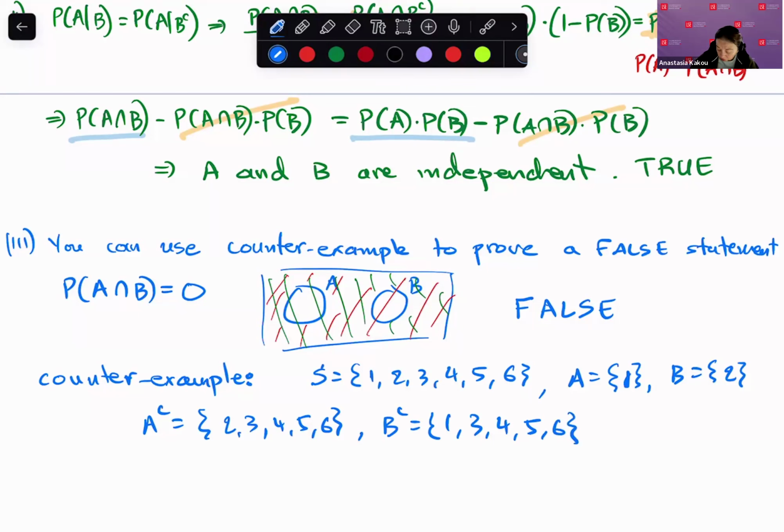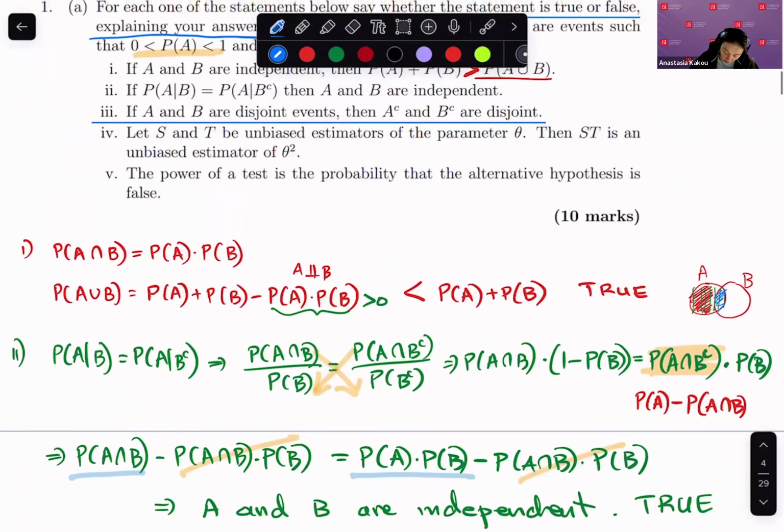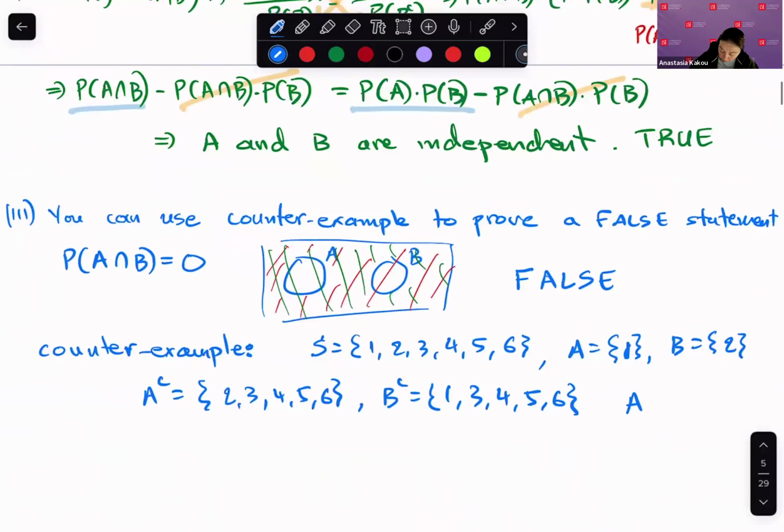So the intersection of A complement and B complement is not the empty set. Okay, so this is a counterexample.